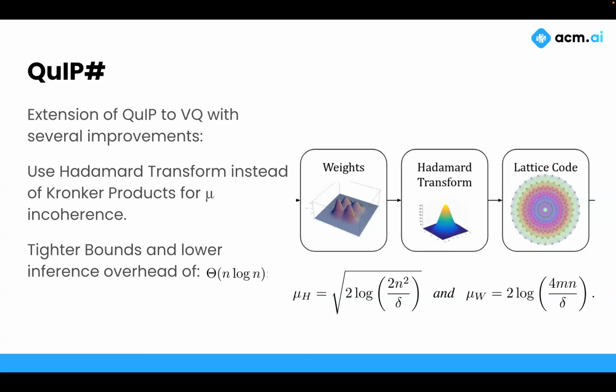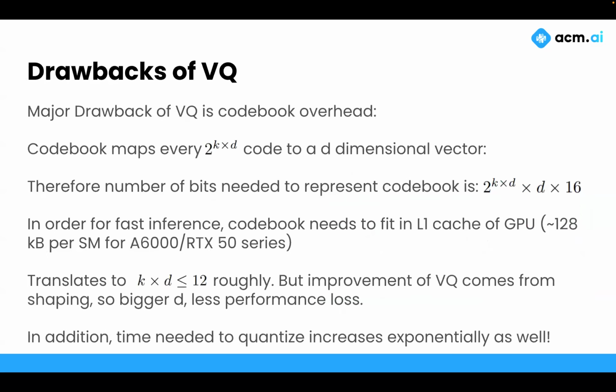So why do they do that? Well, for one main reason. As I said, the codebook maps every 2 to the k times d code to a d-dimensional vector. And as you asked about previously, for scalar quantization this kind of codebook has very minimal overhead, because if d is 1, then this is just 2 to the k, which really isn't that big for 4-bit or 2-bit or 3-bit quantization.